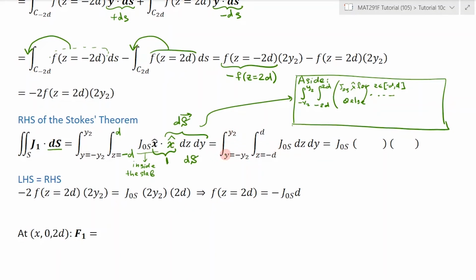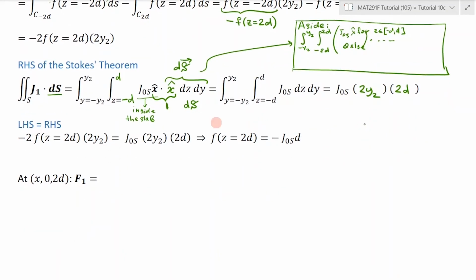Next, let's integrate over y. We get 2y2. This j naught s is out of the integral. Integration over z will give us 2d. Then what I did is I equated left-hand side and right-hand side and solved for f1. Let me show you. This is the left-hand side.